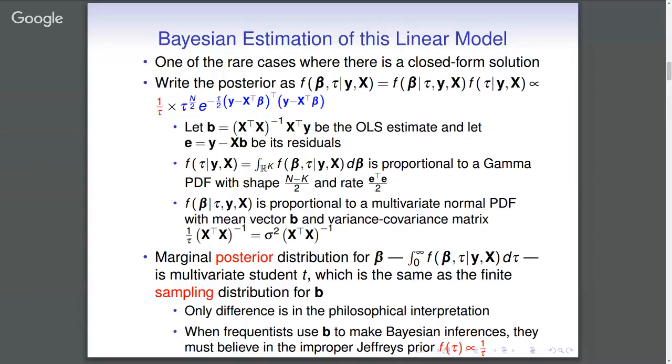So what's going on here? Basically, for these priors and this likelihood, we have an equivalence of the frequentist solution and the Bayesian posterior distribution. So they're the same distribution. They only have philosophical interpretations.